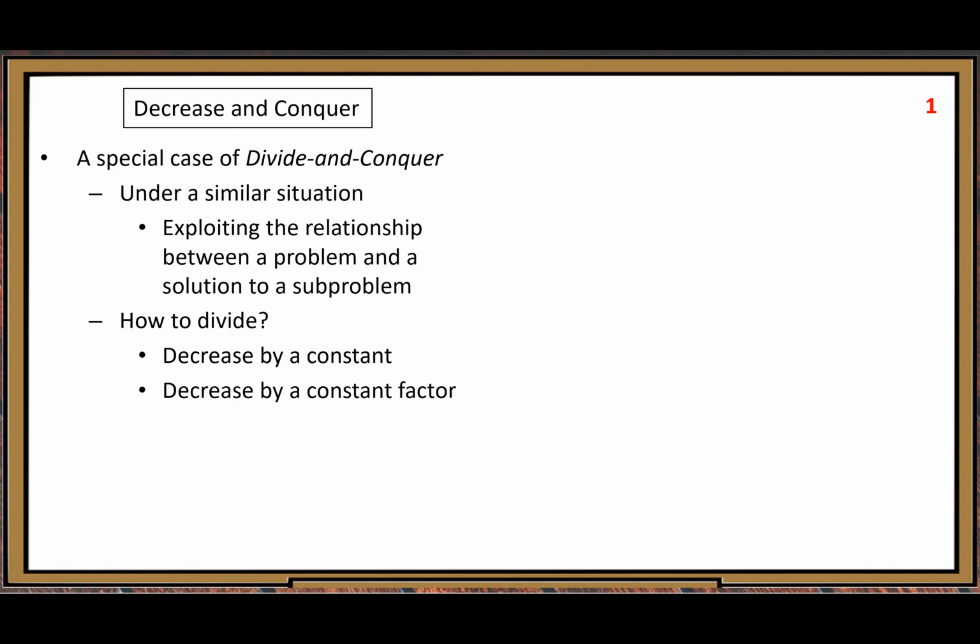Decrease by a constant factor. Remember that binary bits problem, where we reduced by constant factor 2. Variable size decrease: the greatest common divisor problem.